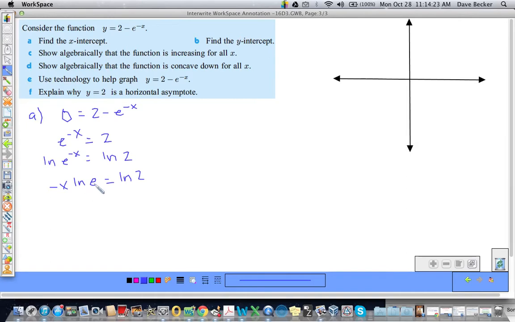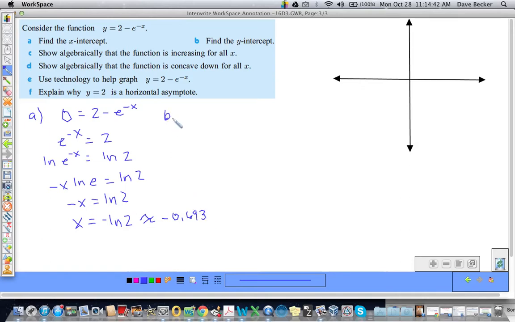But the natural log of e is equal to 1. So I get negative x equals natural log of 2, or x equals negative natural log of 2, which I will tell you is approximately equal to negative 0.693. So we'll put that in our pocket.